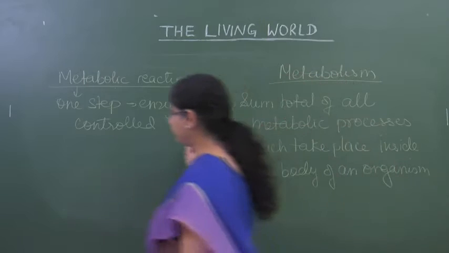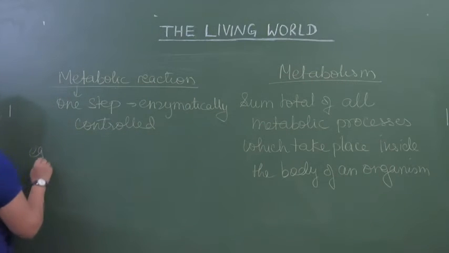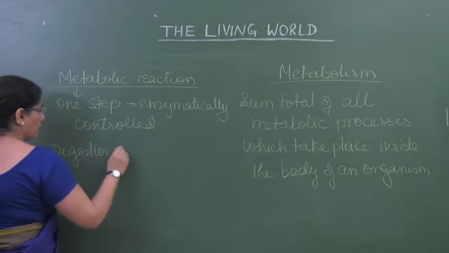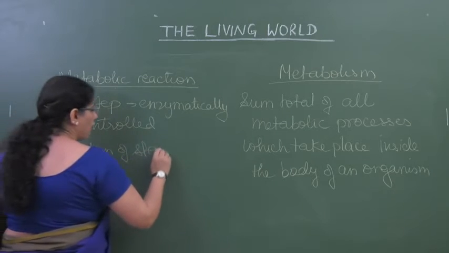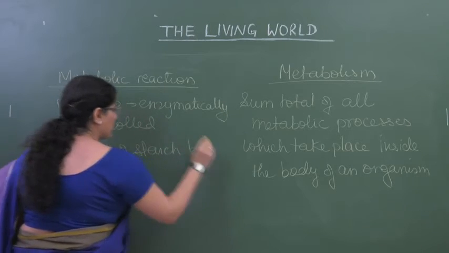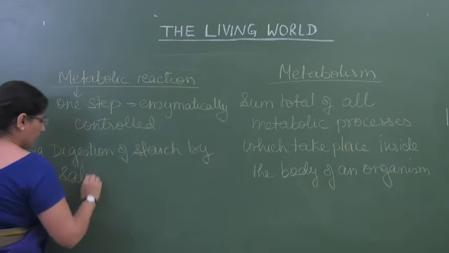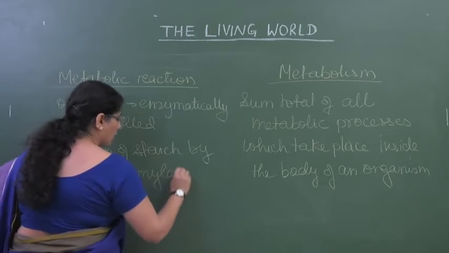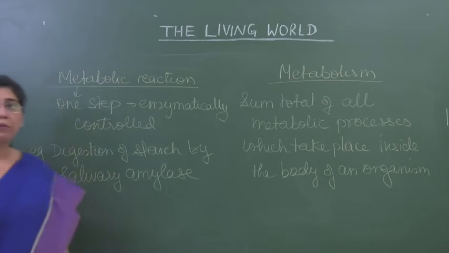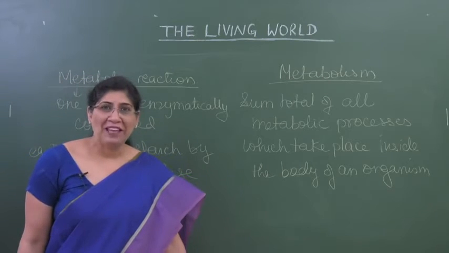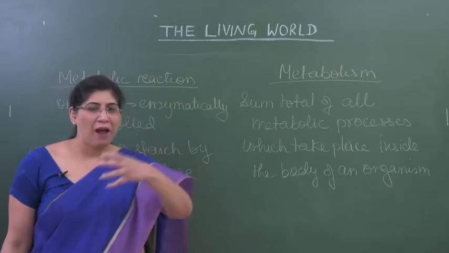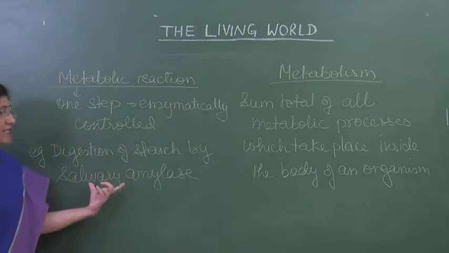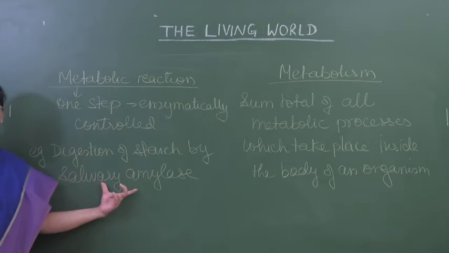For example, digestion of starch by salivary amylase. I am using an example of an animal, it's much better understood by you. If I take metabolic processes of plants, you get confused. So let's stick to animal, human being. This is a metabolic reaction.